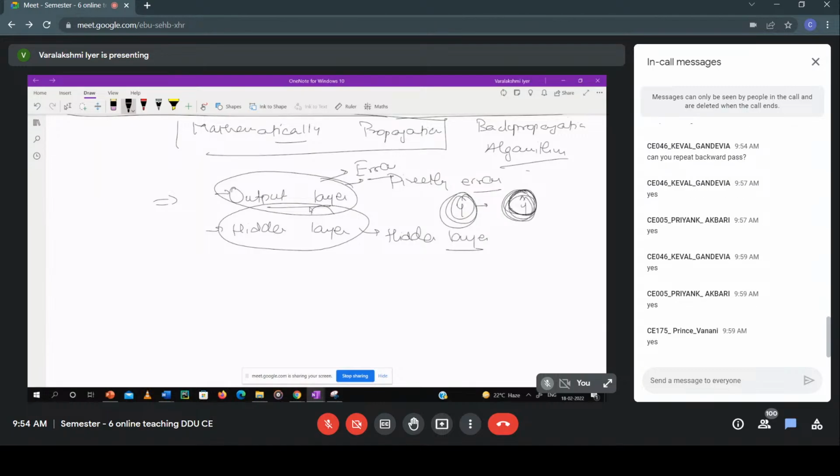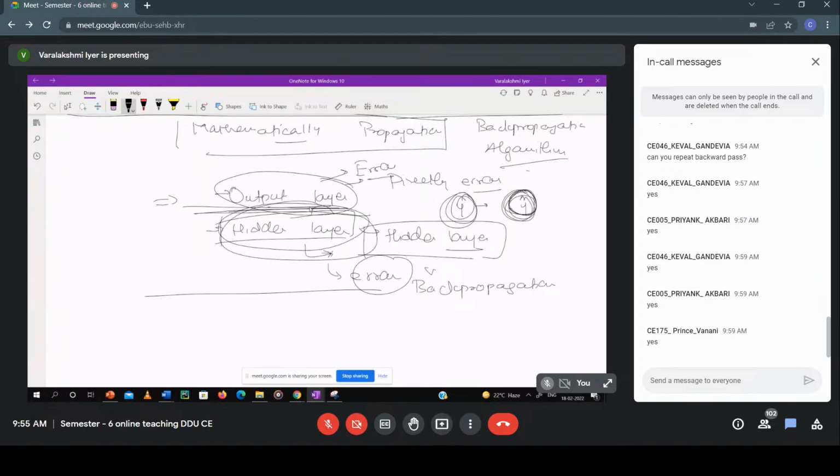So in the case of the output layer, we have a direct error, but this is not the case with the hidden layer. In the hidden layer, we do not have an output associated with it, so we cannot calculate the error directly. So what are we trying to do? The main idea in backpropagation is to propagate the error backwards so as to calculate the error at the hidden layer as well, which we'll see through the derivation also.